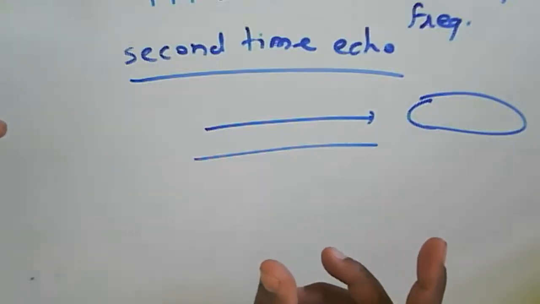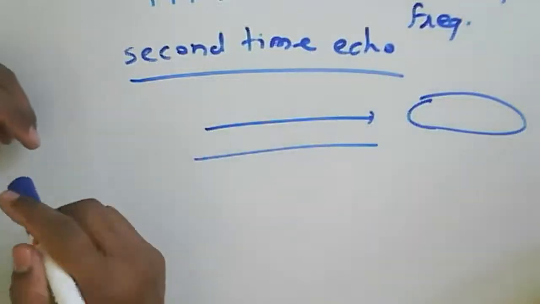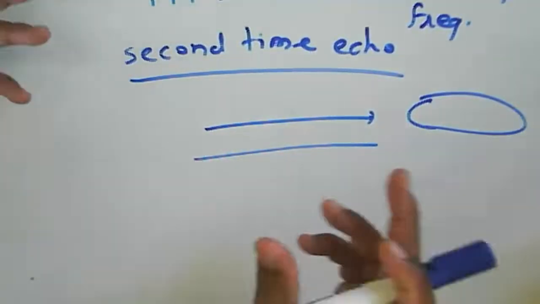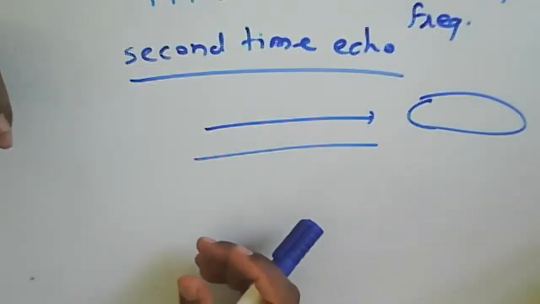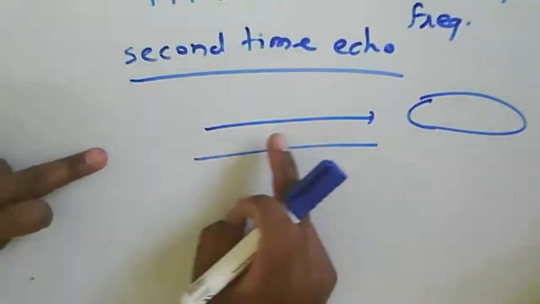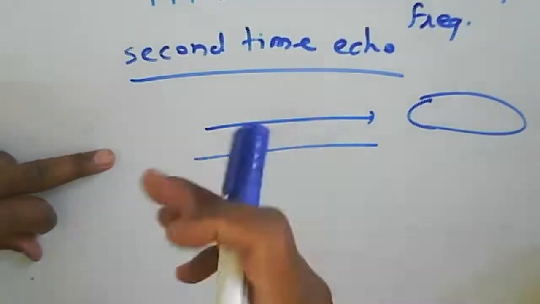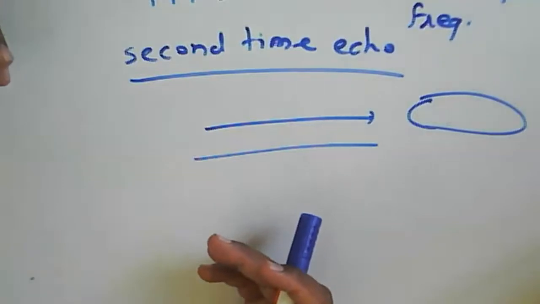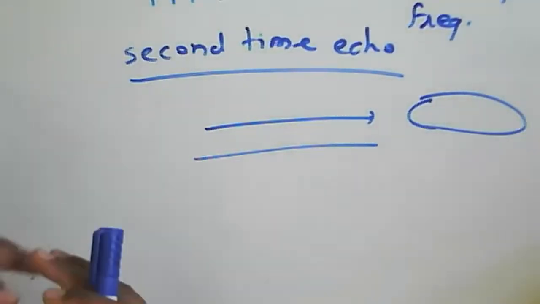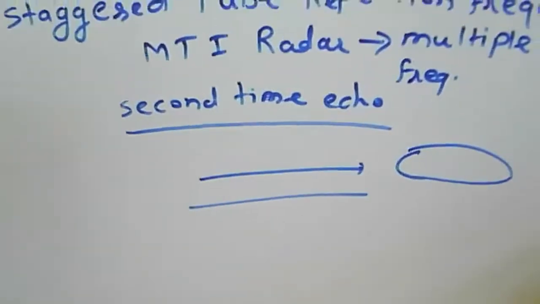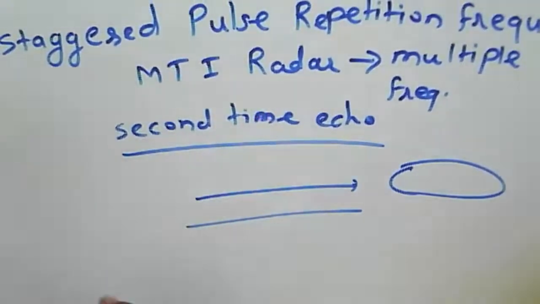Or we can change the PRF, the pulse repetition frequency, every time. Means at each and every time we send a signal, the pulse repetition frequency will be different. So at each and every scan period, the pulse repetition frequency will be different. This way we can use a staggered pulse repetition frequency.